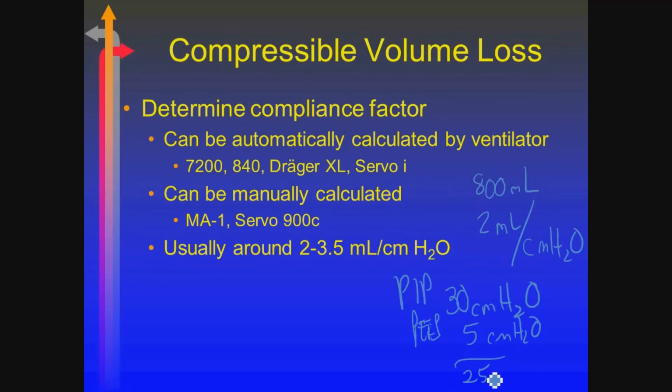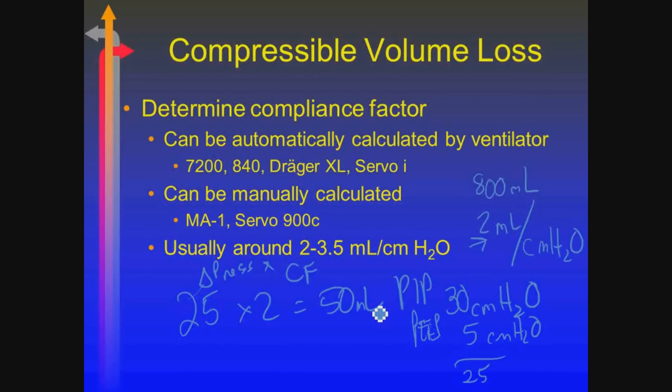So I take my 25, my delta pressure, times my compressible factor, and I'm losing 50 milliliters. Does that make sense? For every centimeter of water pressure I generate, I lose 2 milliliters. I'm generating 25 centimeters of water, therefore I'm losing 50.